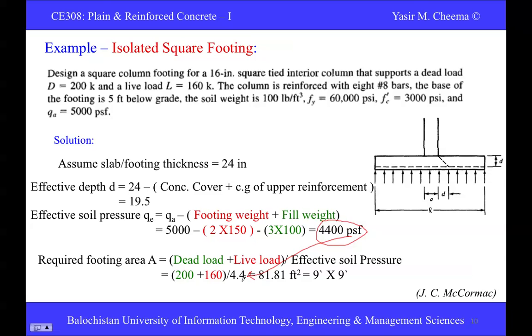Divide this, converting to kips with 1000, you get 4.4 kips, and this comes to be 81.8, which is not exactly equal but approximately a 9 foot by 9 foot footing. Actually we are taking the square footing, so we make both dimensions the same, 9 foot by 9 foot.